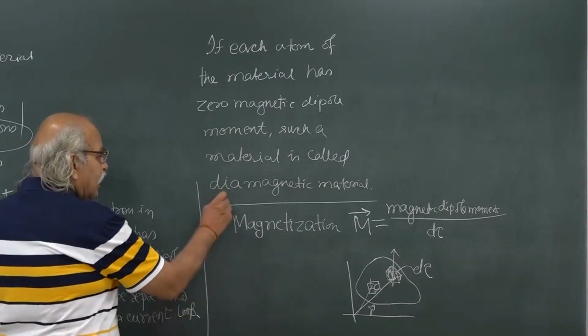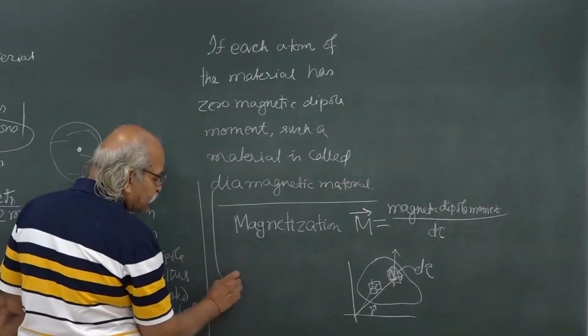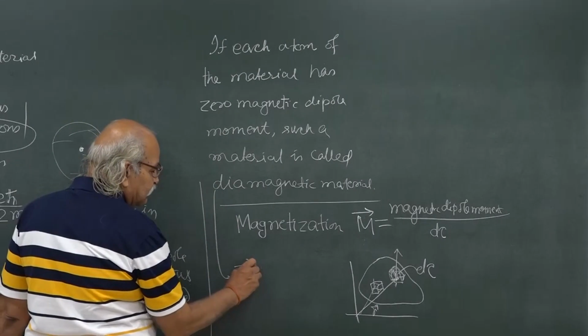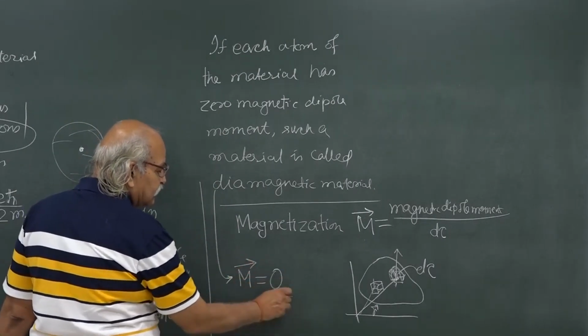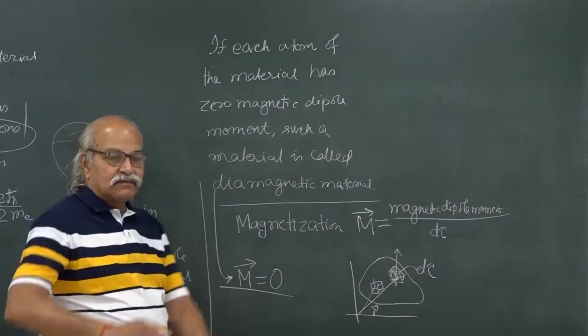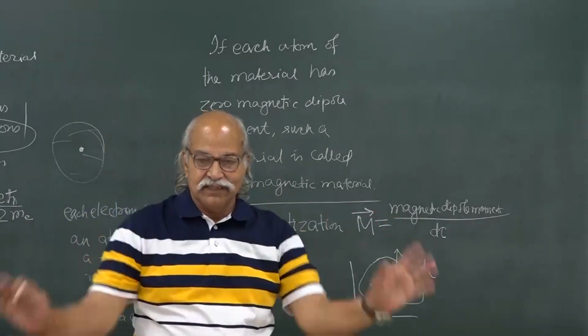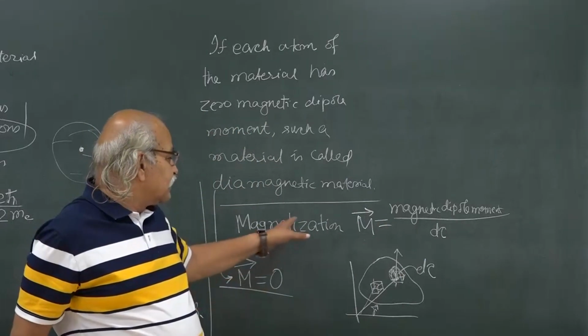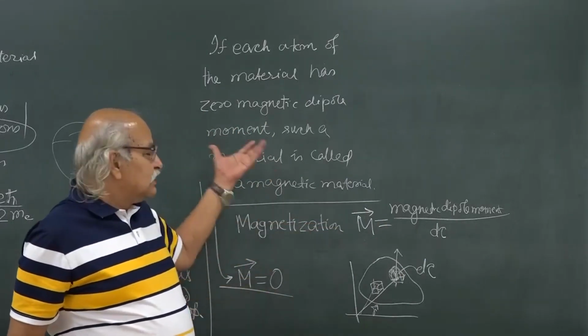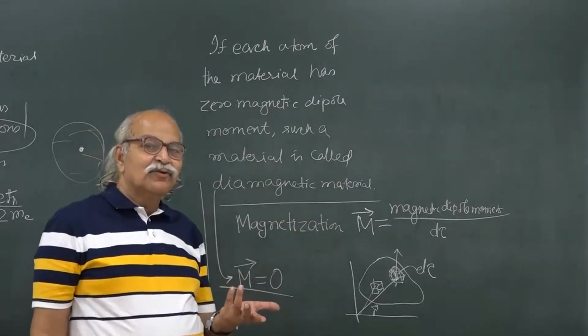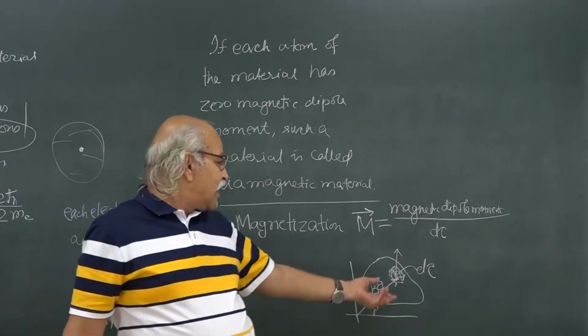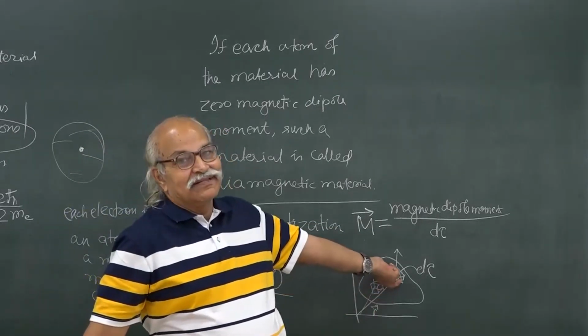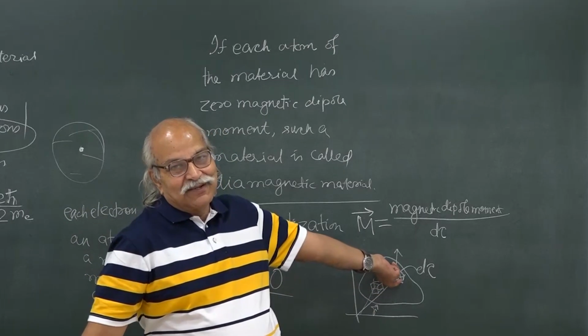So, for a diamagnetic material, this M is intrinsically 0, with the material just there and nothing around which can affect it, because each atom has 0 magnetic moment. So when you combine all those atomic dipole moments, you are going to get 0.